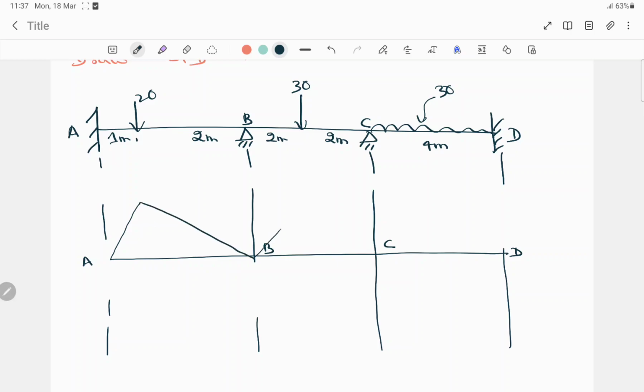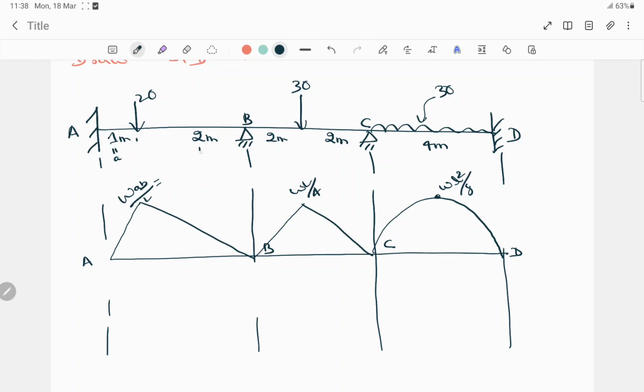For this one also point load will be like this, and for UDL it will be a parabolic. So the maximum bending moment here will be WL square by 8 for UDL, WL by 4 for a point load, and for this one which is not equally distributed, WAB by L. Just we need to put the values here.